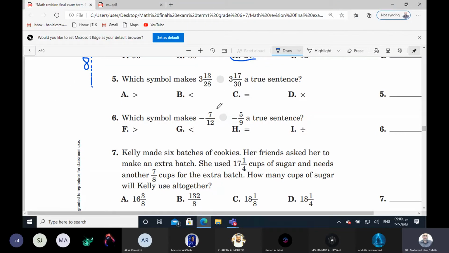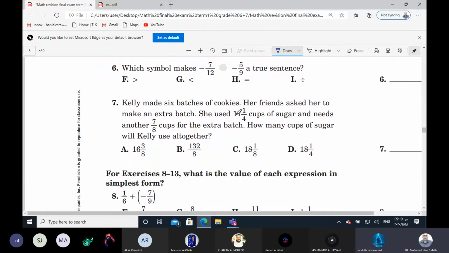The second method, we can take 30 multiplied by 13 and 28 multiplied by 17, then compare the answers. Now 30 multiplied by 13 will be 195, and 28 multiplied by 17 will be 238. 238 is greater than 195, so I can write that this mixed number is greater than the other, so the answer will be B.